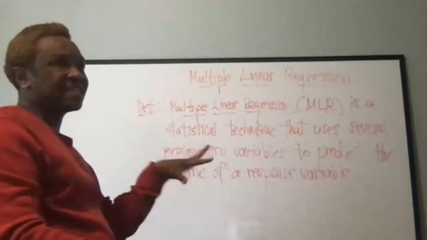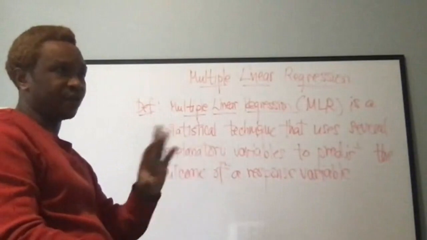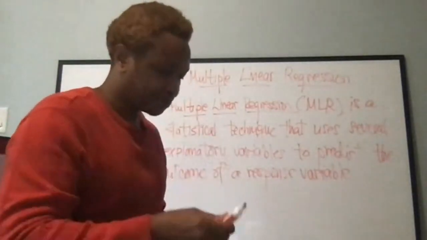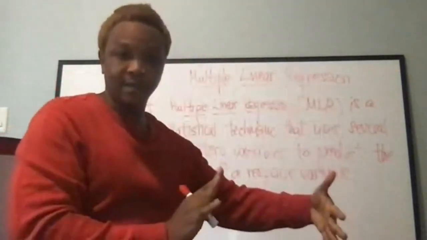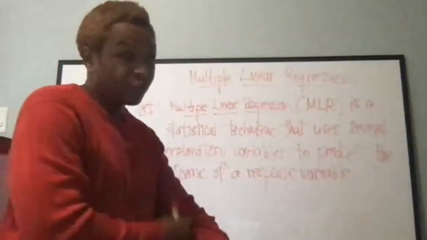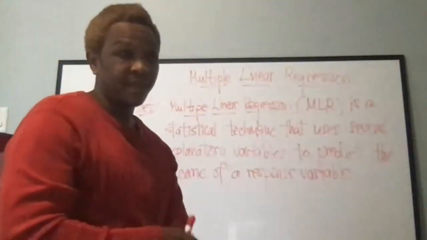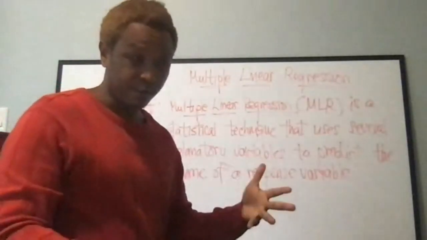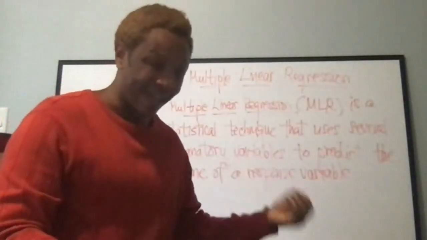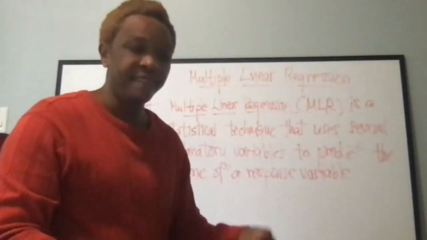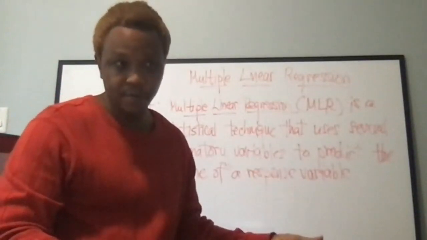So this is an extension of simple linear regression, because as we just saw with the problem that we just did, you had an X column and you had a Y column. But truth be told, in real life, that's not how it works. A lot of times there are several factors or several explanatory variables that contribute to a response variable.